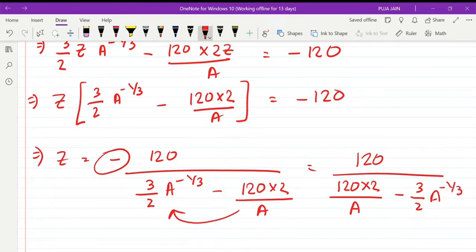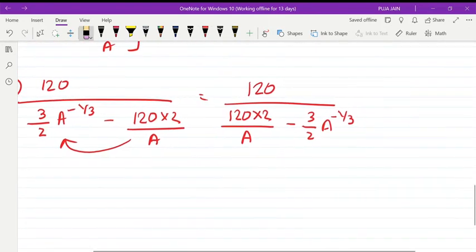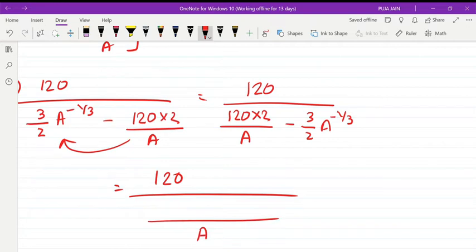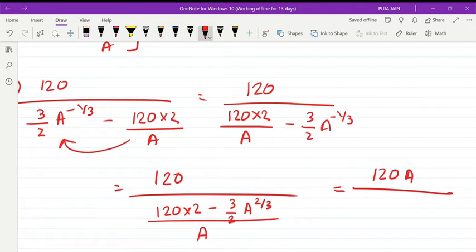Now if I take A common, we get 120 A divided by (120 into 2 minus 3 by 2 A to the power 2/3).